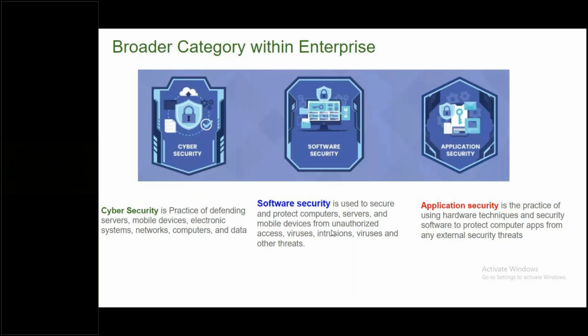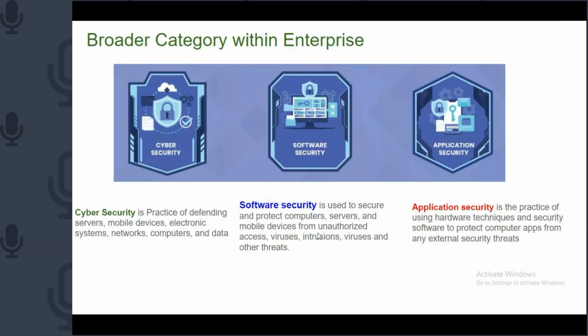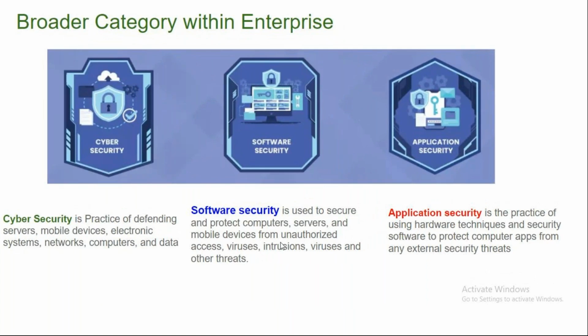It could be your servers, your devices, your network, your computers. Everything included is your cyber security. It is a superset. It will include your application A, application B, application C, your database, your middleware, your servers, your hard disk, everything.